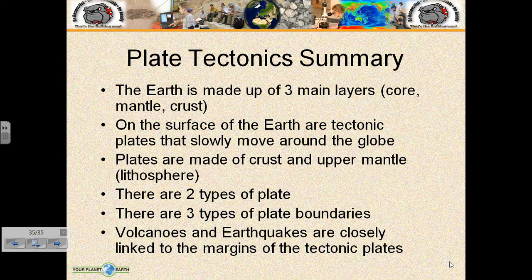That being the case, as plate tectonics is the focus, we need to understand that these tectonic plates can move around, although very slowly, and the plates are made of the crust and upper mantle. Now, there are two types of plate, and there are three types of plate boundaries that we've discussed. And lastly, volcanoes and earthquakes are closely linked to the margins of the tectonic plates. And so that completes our summary today on plate tectonics.